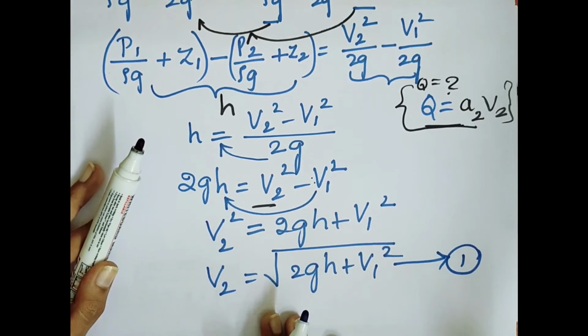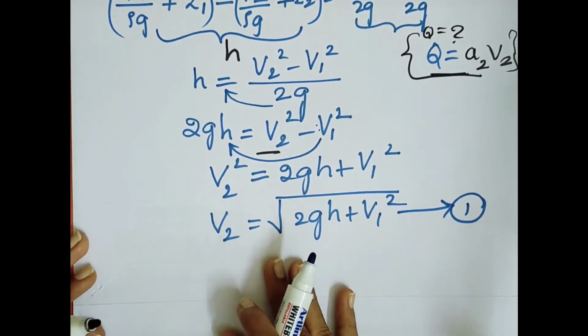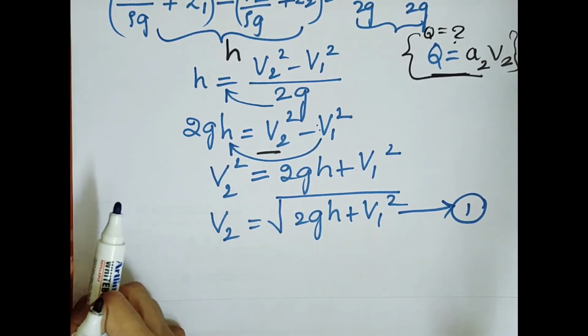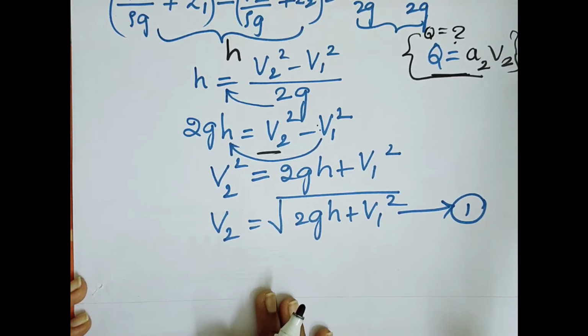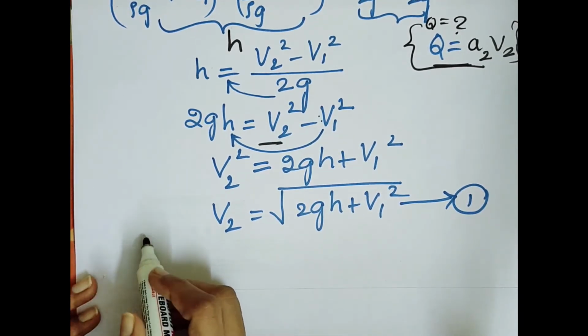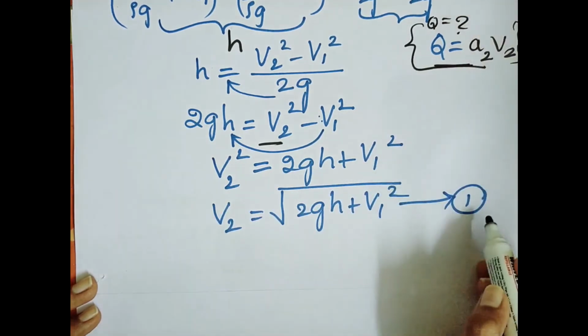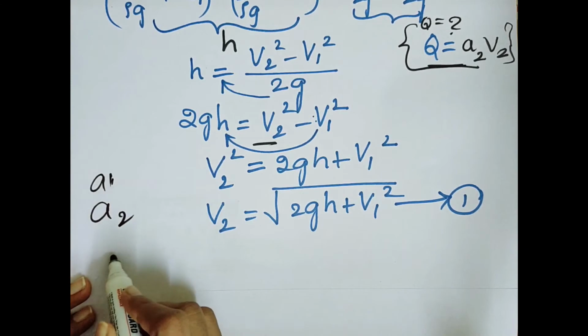So now we have to get what is V1. To get V1, what is the principle? Before getting V1, we know we have considered the parameters A1 and A2. So what is A1?